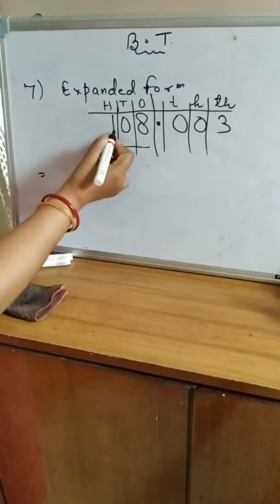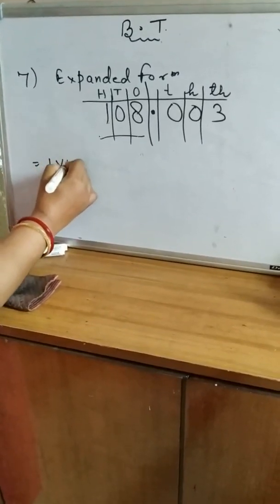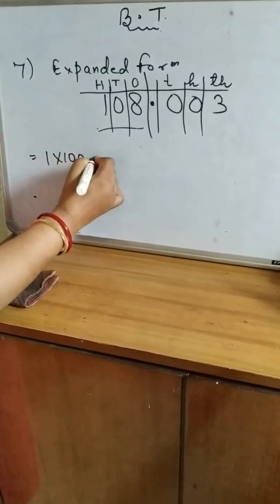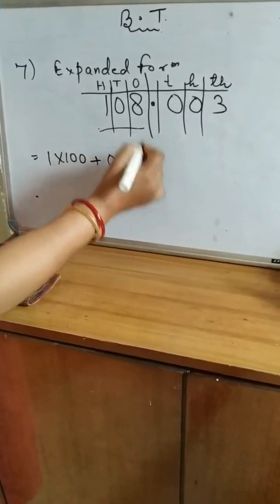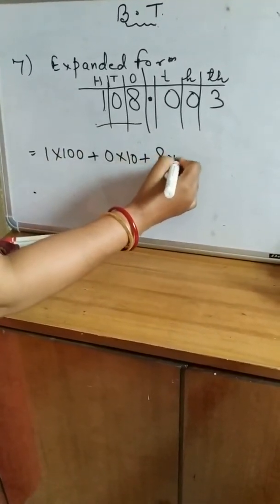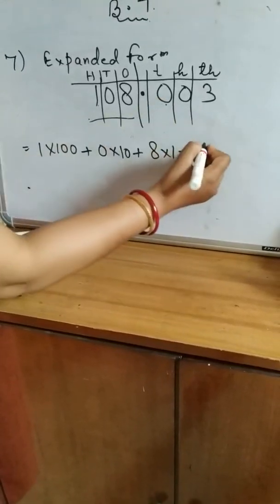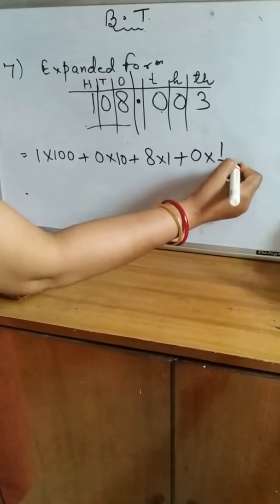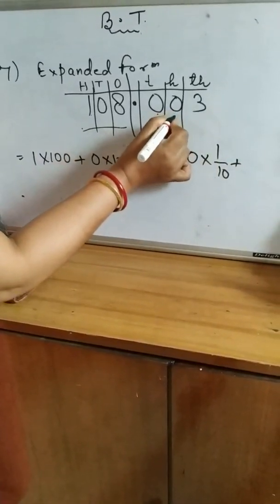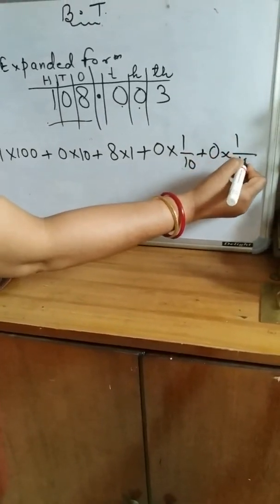So how will I write it? 100, it means 1 times 100, plus 0 tens, 0 times tens, plus 8 ones, 8 times ones, plus, what is the place of this 0? Tenth. So 0 times 1 by 10, plus, what is the place value of this 0? Hundredth, 0 times 1 by 100.